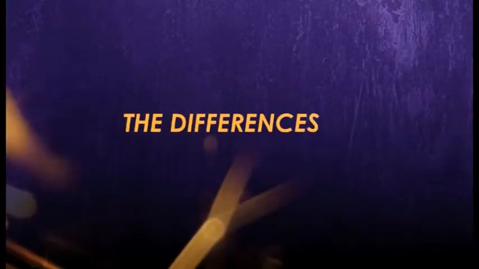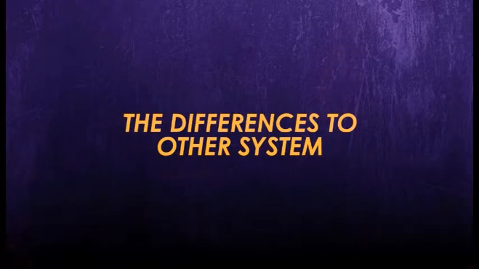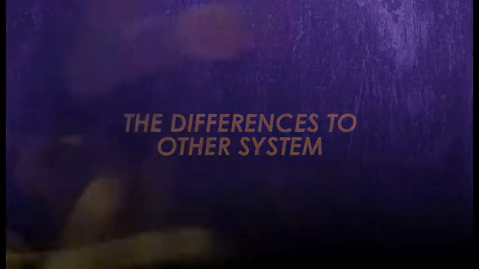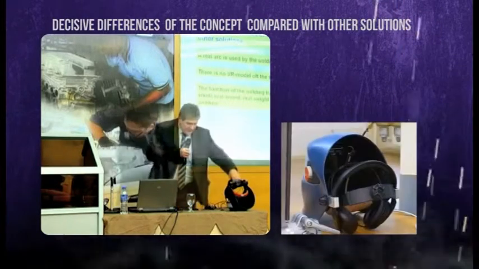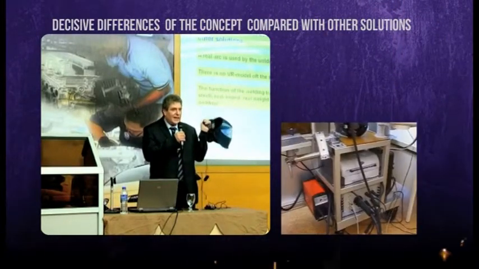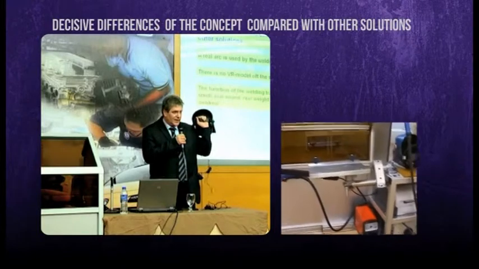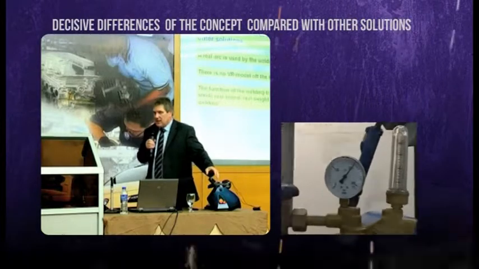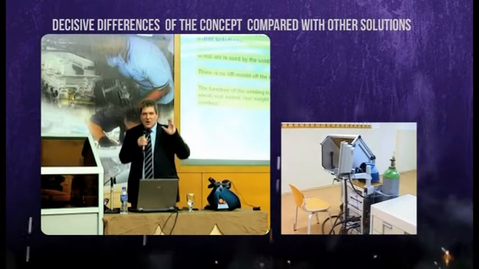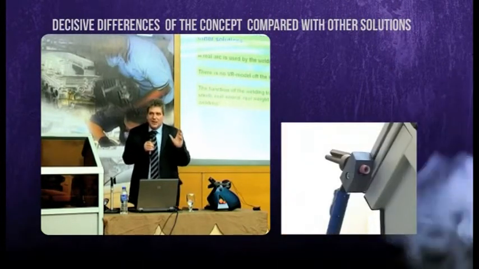What is the difference to other systems? The system you can see here is the only one in the world with a real arc. So I can tell you, you have the same equipment as in the welding booth on this trailer. We have the helmet, we have the torches, we have a power source, we have shielding gas, almost the same as in the welding booth.